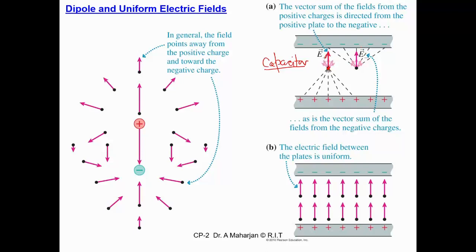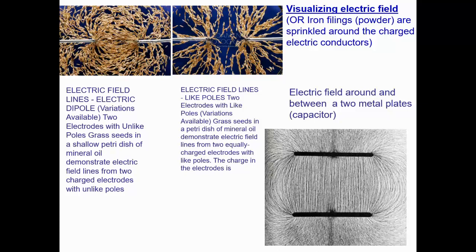At any point the electric field will be constant and in the same direction. It goes from positive to negative charge. That's because each electric field is due to the contribution from all these, and they will all point from positive to negative direction.